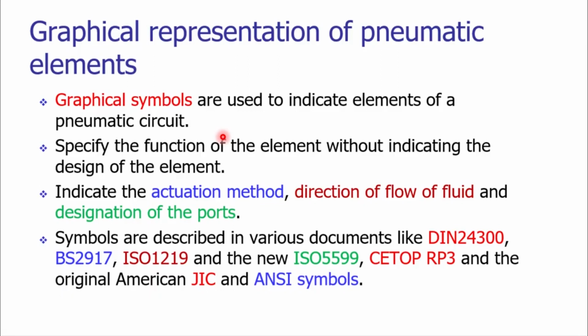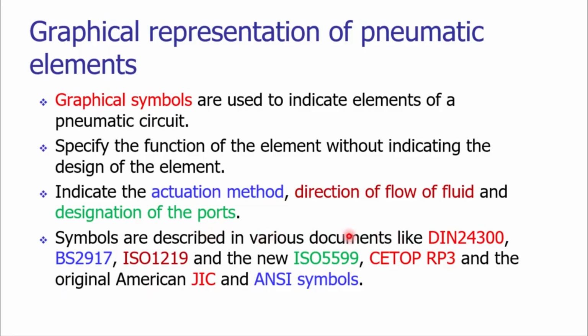In the previous week, we saw that such a graphical language or representation is very helpful to designate the hydraulic elements. In a similar way, for pneumatics as well, we use graphical representation. This graphical representation is basically used to indicate the actuation method, the direction of flow of the compressed air, and the designation of various ports.